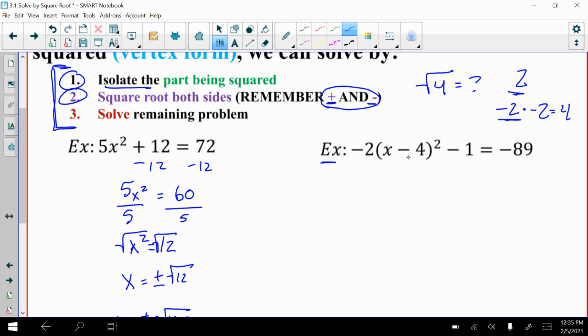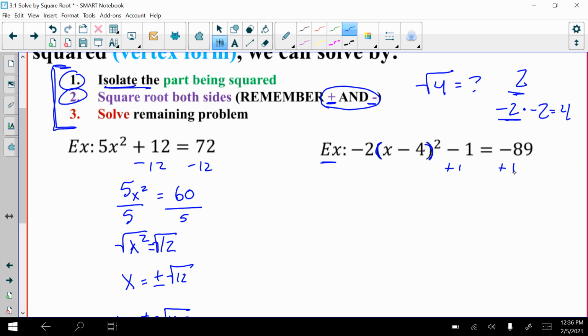So I'm looking at this. First, I want to isolate the part that's being squared. This one's a little bit different than the previous example because now x minus 4, that entire thing, is being squared. So I've got to get that whole expression by itself. I'm going to get x minus 4 squared all alone. First, I'll add 1.